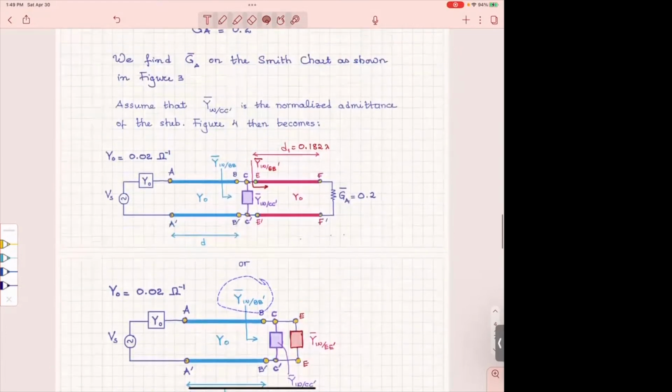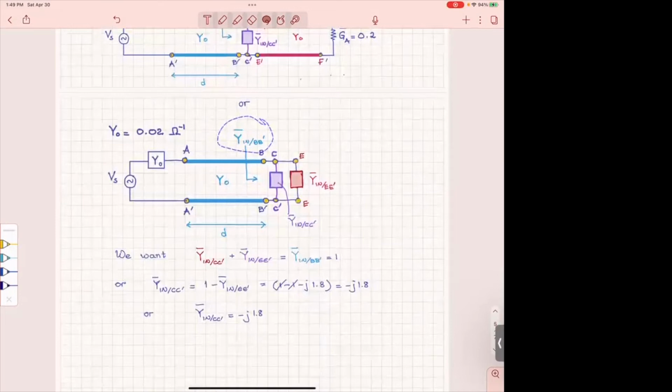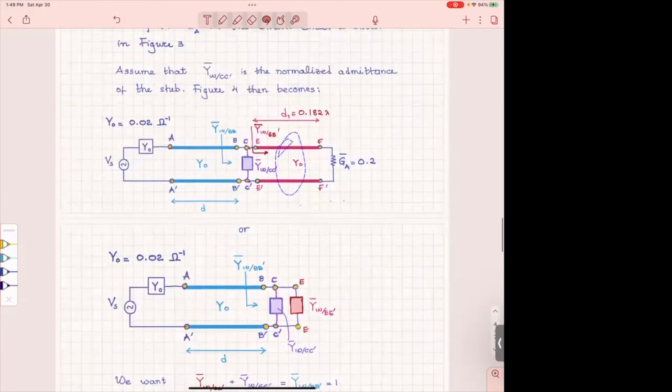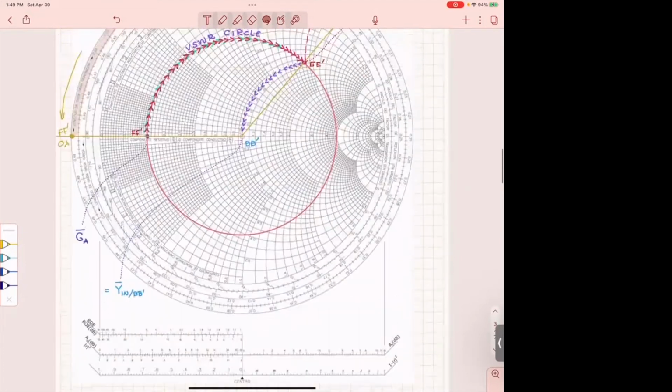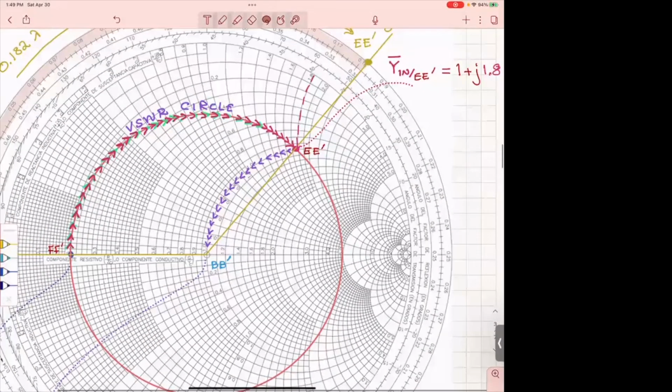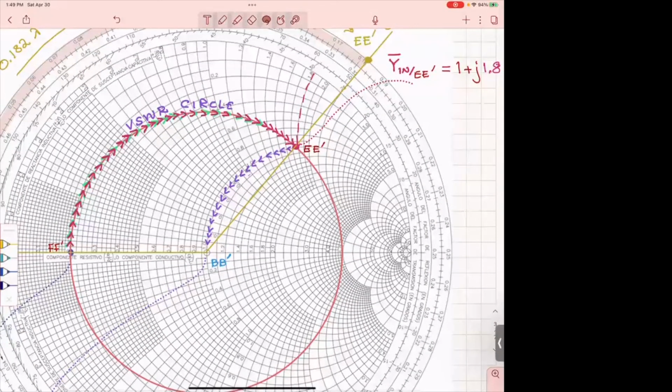Okay, so now we have to find out how much is this normalized impedance that is in fact the input impedance from this section of the transmission line. To find that, this admittance is right here, all right? And I have indicated how much this is. How do we find that? We measure it. From this chart, the real part is what goes on this circle, as we said, and the real part is 1.